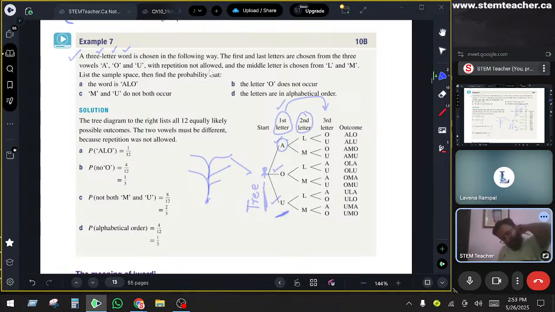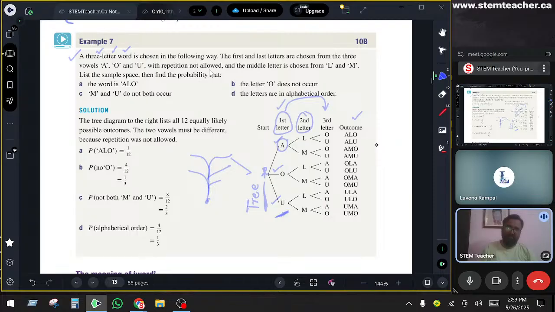And here we can write the total outcomes: ALO, ALU, AMO, AMU, OLA, OLU, OMA, OMU, ULA, ULO, UMA, UMO. Now, list the sample space and find the probability of the word ALO.